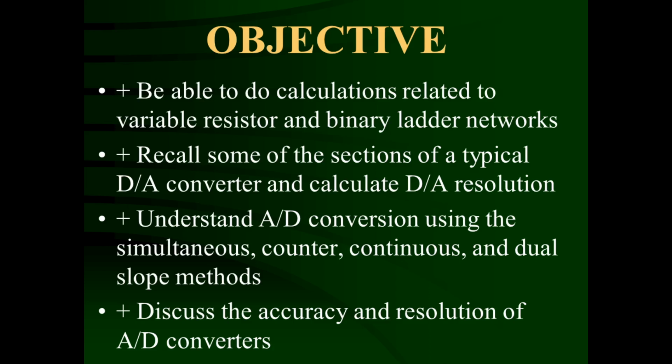Digital information is given at the digital inputs, and that digital input voltage is converted to an equivalent analog voltage, which can be calculated. That is our first objective, for two different types of networks: a variable register network and a binary ladder network.